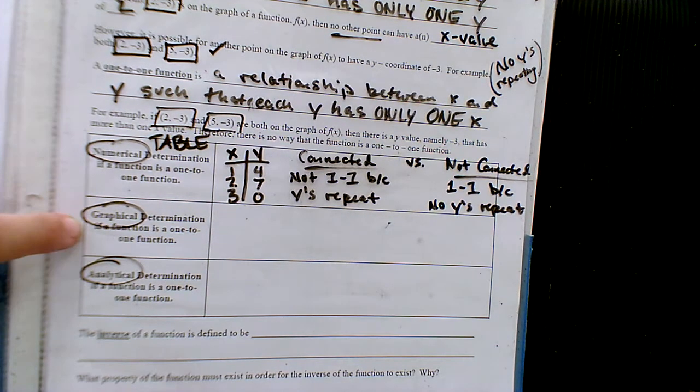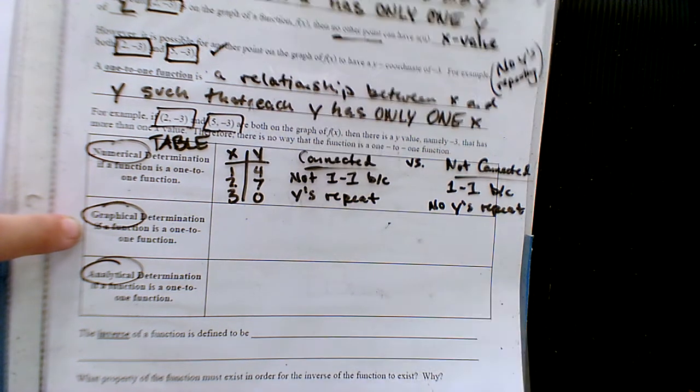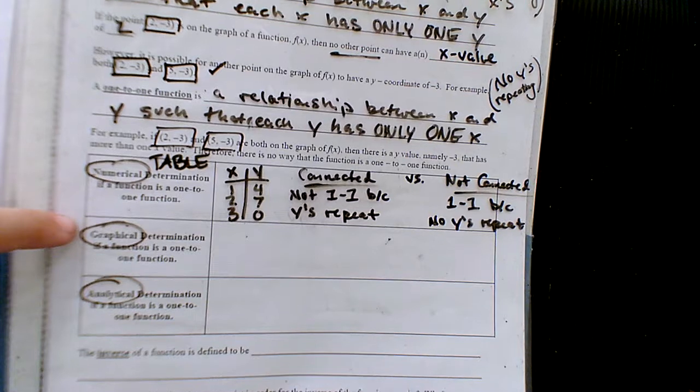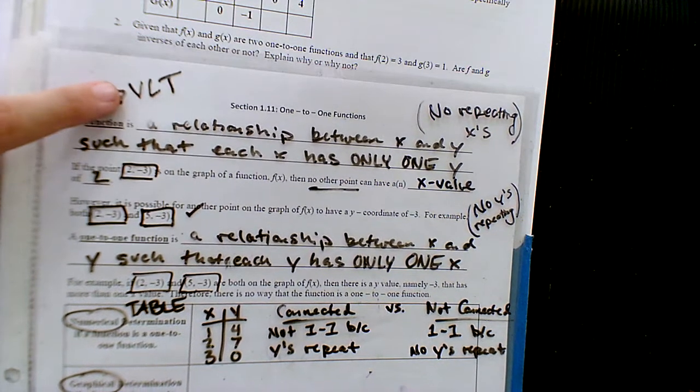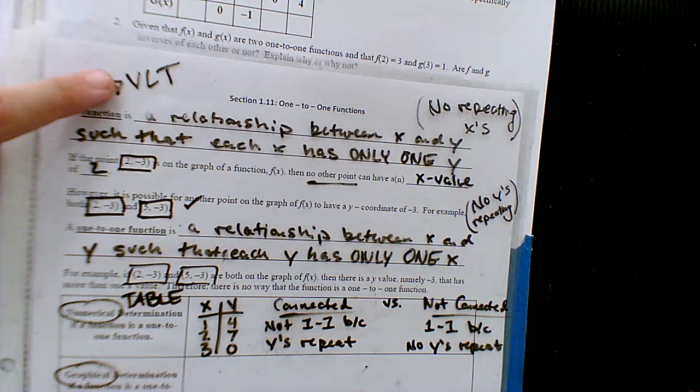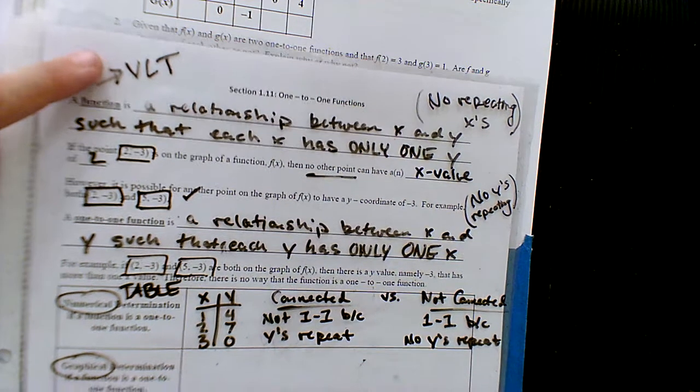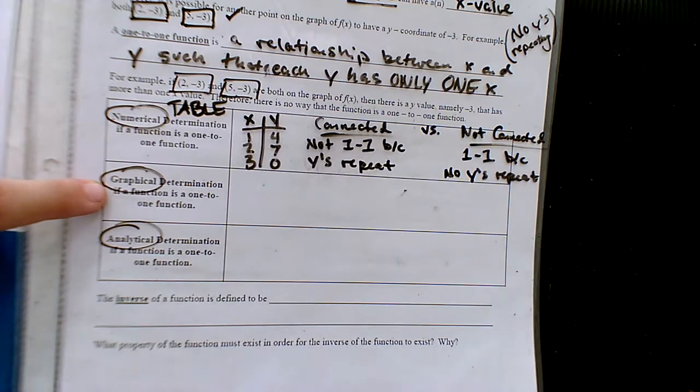What if we have a graph, a picture? How do you think we can determine whether that graph is one-to-one, if it has any repeating y values? If the vertical line test was a way we determined graphically for a function, what can we use for one-to-one?